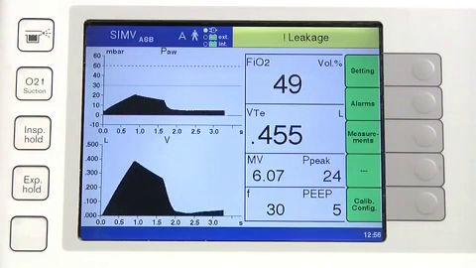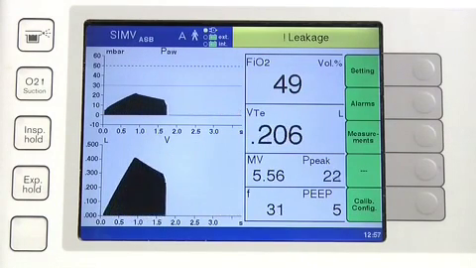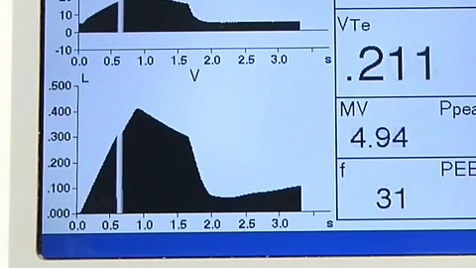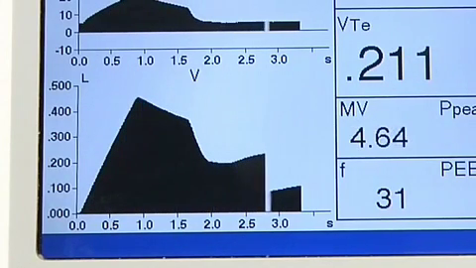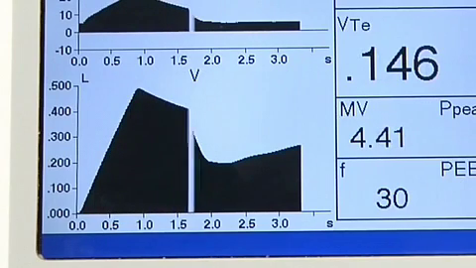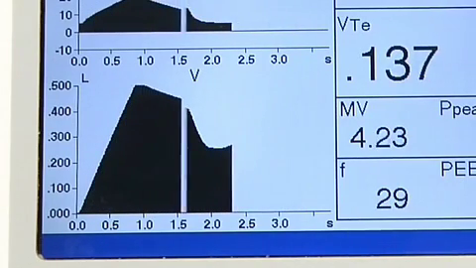As this is a volume controlled mode, we can see that the ventilator is having to use higher pressures to deliver the same tidal volume.